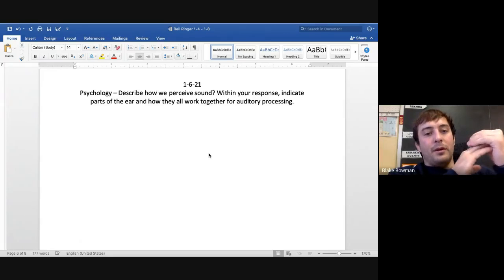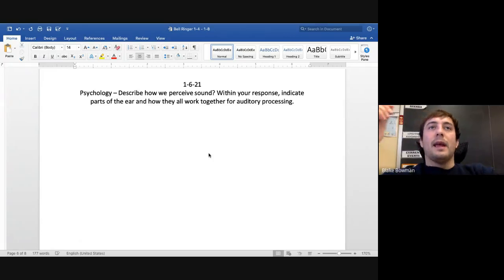So the three bones in the middle ear are also going to vibrate and move, which is connected to the cochlea, which we talked about yesterday. So the cochlea is going to move and vibrate, and that is filled with fluid, so that fluid is going to move and interact with the basilar membrane, which is almost like hair-like structures within your cochlea.